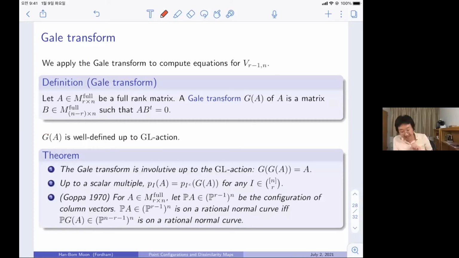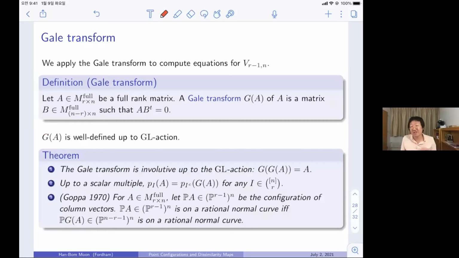Finally, this is a classical result of Goppa in the 1970s. Let's take a full rank matrix A. If you take each column and projectivize them, then we have a point configuration defined by the column vectors. The point configuration lies on a rational normal curve if and only if the Gale transform lies on a rational normal curve.